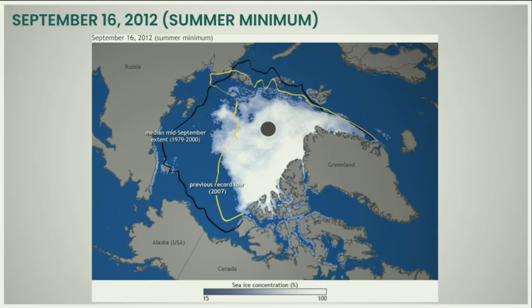The world record loss so far has been in 2012, and the white shows the ice limits in 2012, and the yellow is the ice limits back in the 1970s when there was more ice around. So we see the ice shrinking in summer and winter, and at some point it will disappear in the summer, first of all.